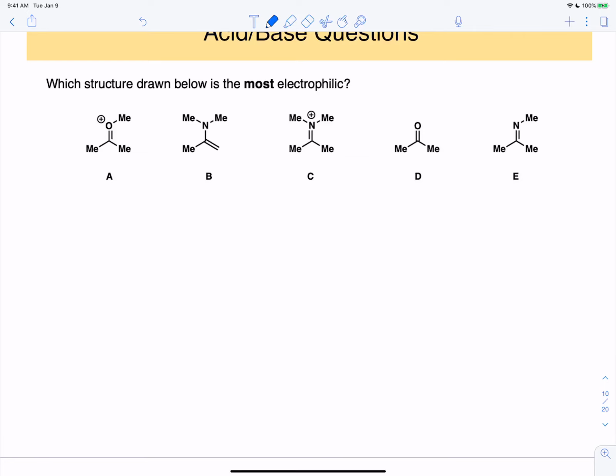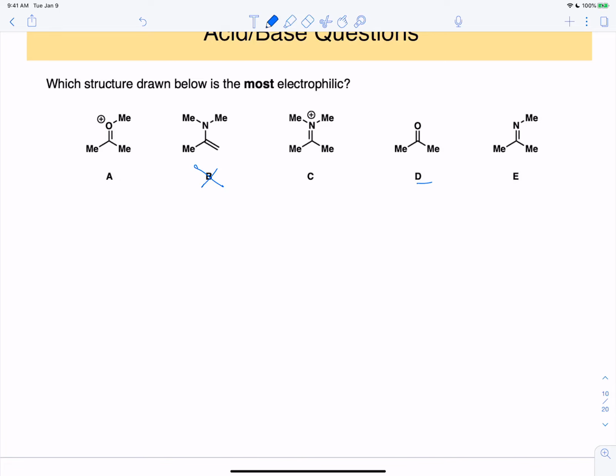We can also couple this to which one should be the most reactive overall from its ground state. If we look at something like B, enamines are actually nucleophiles, not electrophiles, so these actually won't really react with nucleophiles at all. We can get rid of that.